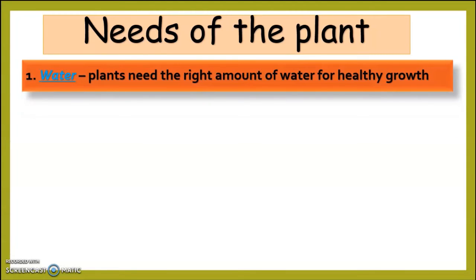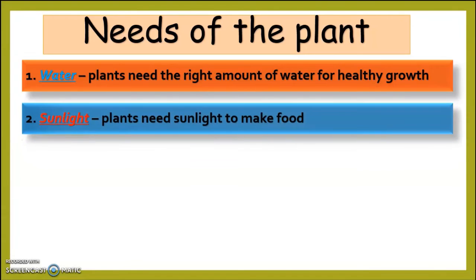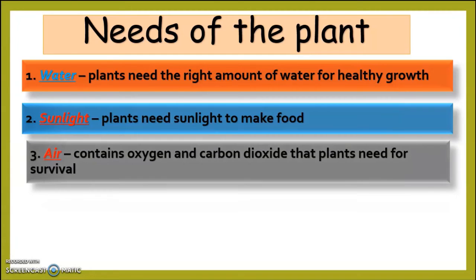Water. Plants need the right amount of water for healthy growth. Number 2, sunlight. Plants need sunlight to make food. Number 3, air. It contains oxygen and carbon dioxide that plants need for survival.